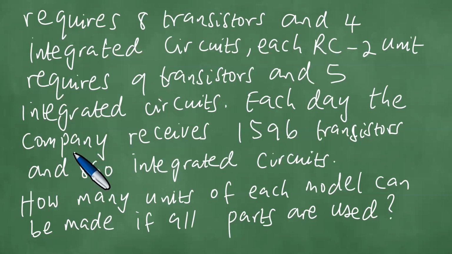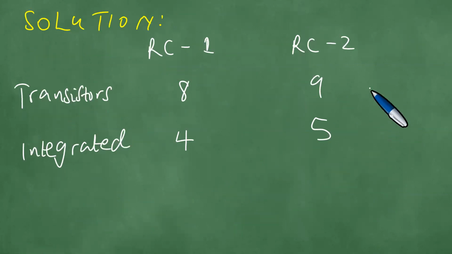Right, now each day the company receives 1,596 transistors and 860 integrated circuits. So you have here 1,596. And then here you have 860. And so what does this mean to us?